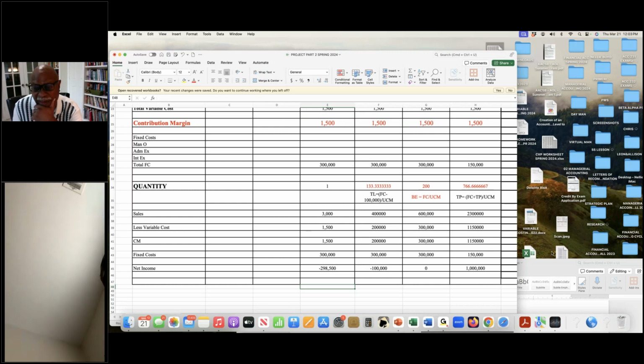Are we where we need to be? What is the quantity from? Why does the quantity look like that? Because you know you don't always get whole numbers.